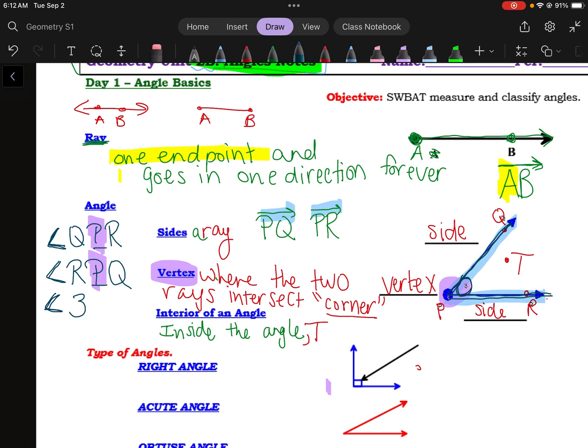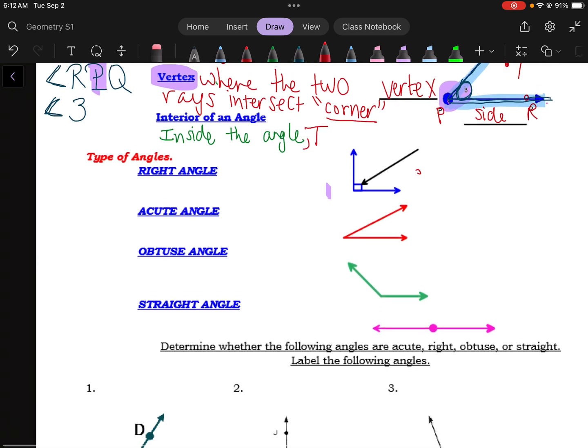Okay, so we're going to be practicing writing angles. All right, now let's talk about different angles. A right angle is going to equal 90 degrees. I'll have a box there so you know what it's worth. An acute angle is very small. It's going to be between 0 and 90 degrees. It has to be more than 0 degrees but less than 90 degrees.